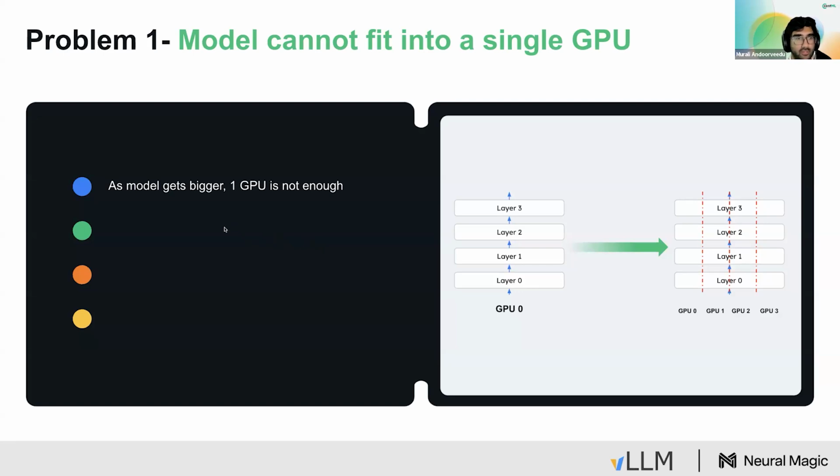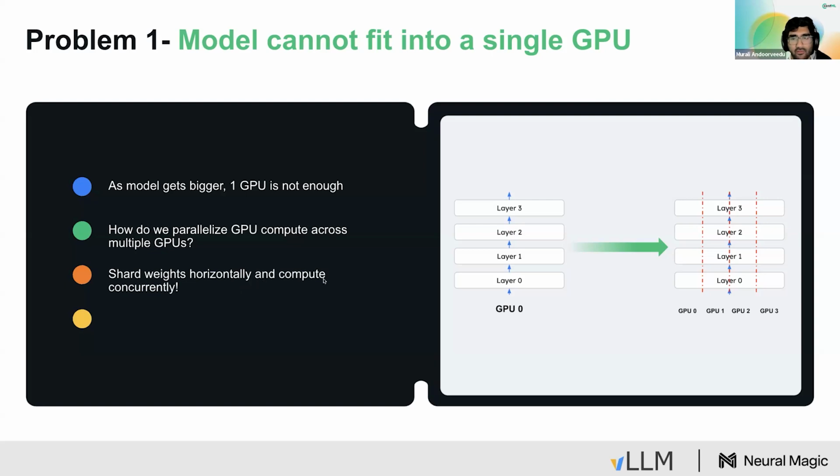But still, within a single node, you might have multiple GPUs that you can take advantage of. And so the question is, how do we parallelize the computation across these multiple GPUs? The answer that tensor parallelism provides us is to shard weights horizontally and then compute everything concurrently at the same time. So this is an SPMD paradigm.